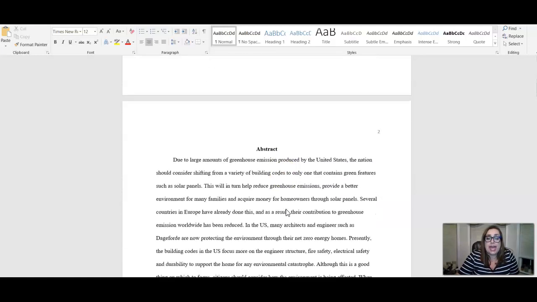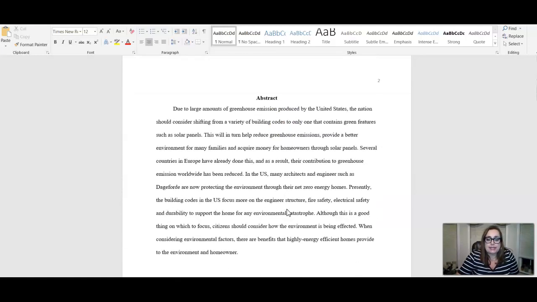Next, we go to the abstract, and I'm going to take the time here to explain the abstract to you. I do have instructions posted, and links to handouts for the abstract. But basically, when you write a research paper that requires an abstract, you need to write the essay first.